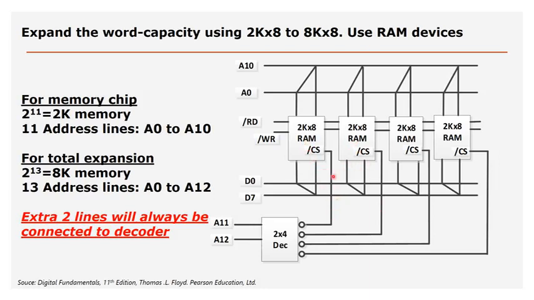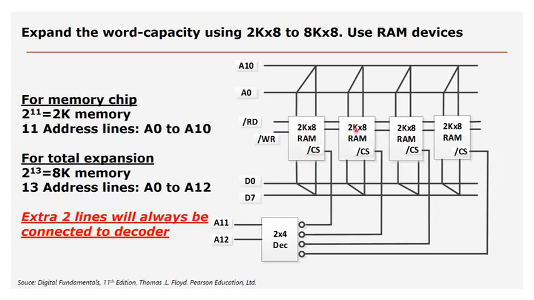So as you can see, depending on your address, I will select from the lowest address to the highest address of this RAM. The next addresses will go to this RAM, then this RAM, and then this RAM. So I'm going to make use of 2K of memory inside this RAM.